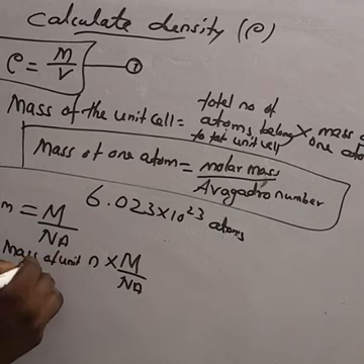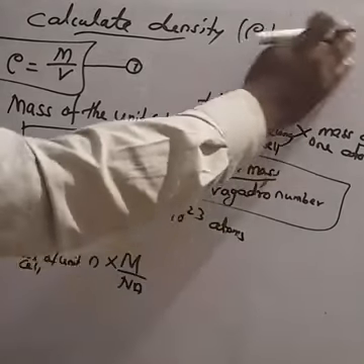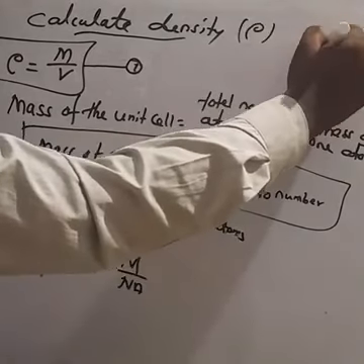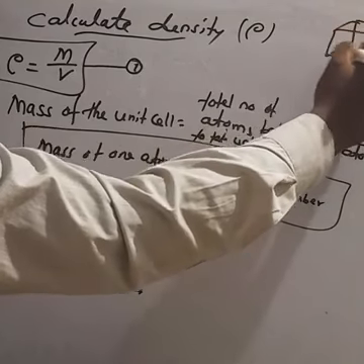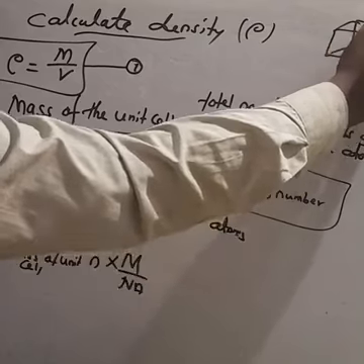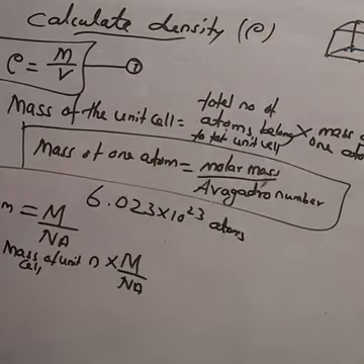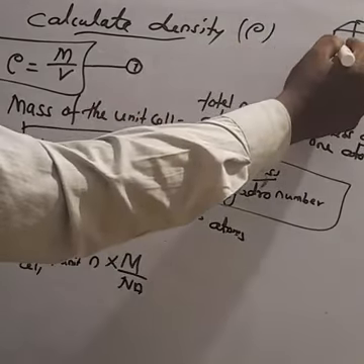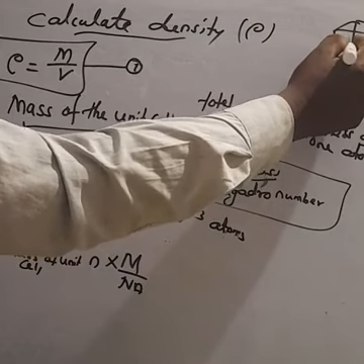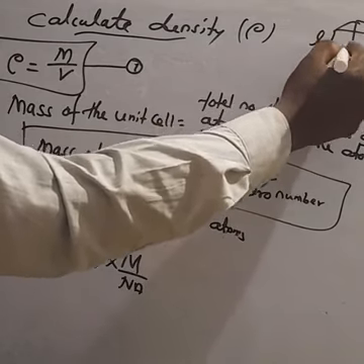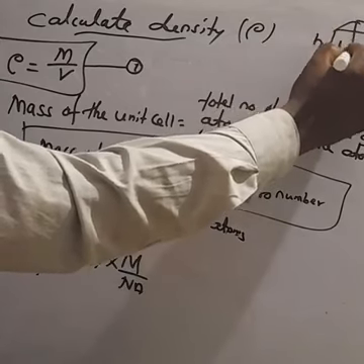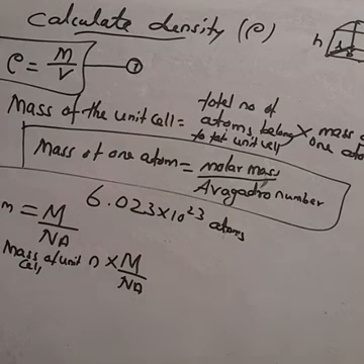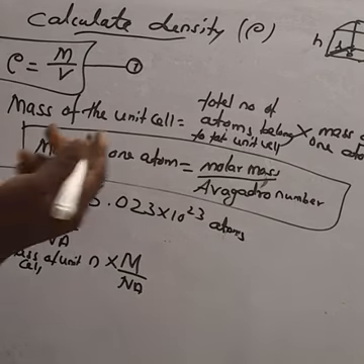For a cubic cell, first I am taking a cubic cell. Imagine this is a cube. All sides are equal. We can say length into breadth into height. The three edges are equal, denoted by a.